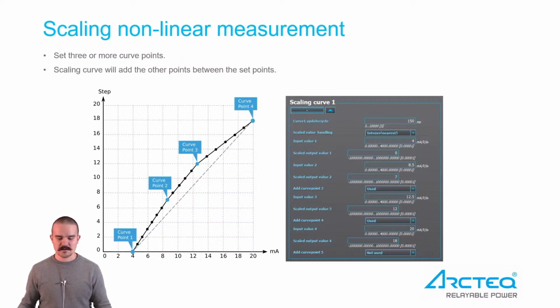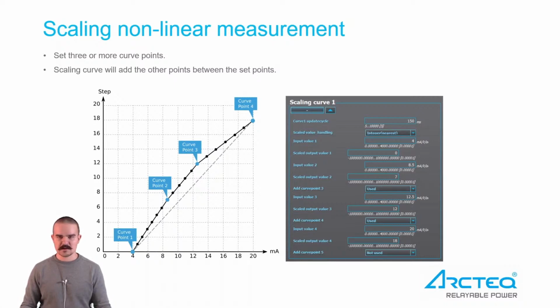Then in the same page, you activate a few points for the curve, and then select the input value and what is the corresponding output value, in this case the position. So first set up the maximum and minimum value, and then add one or more points in between those minimum and maximum values.